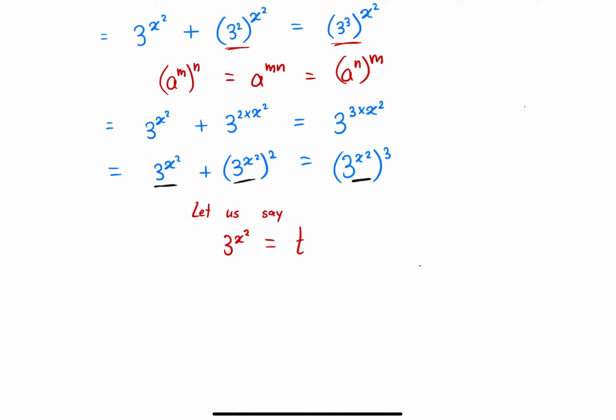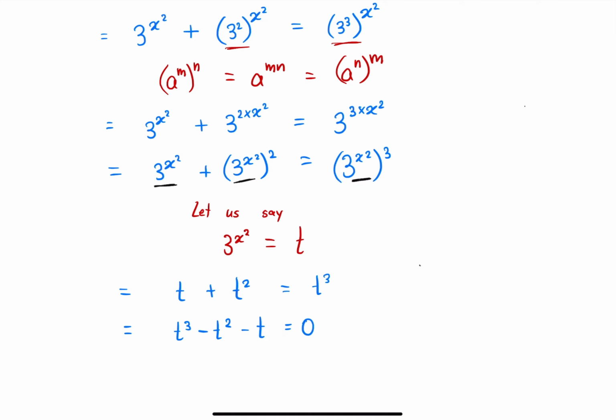So we'll replace 3 raised to the power x squared with t. So that would give us t plus t squared, which gives us t cubed. So now we have a fairly simple equation, and let's go ahead and solve that. So we have t cubed minus t squared minus t, which gives us 0.